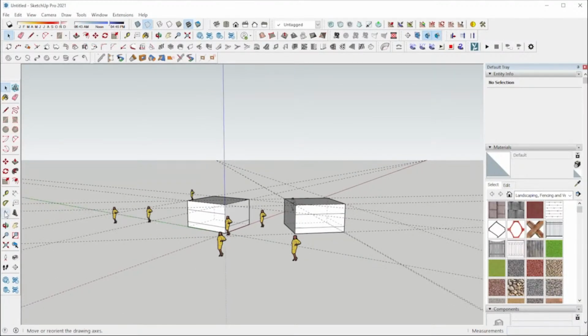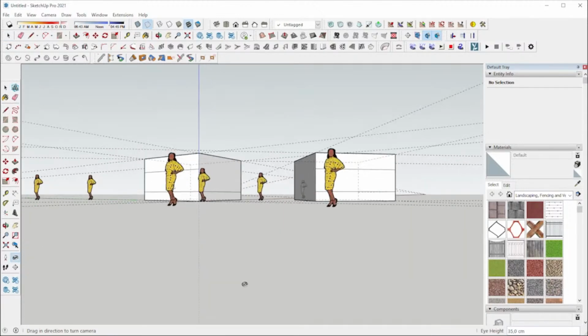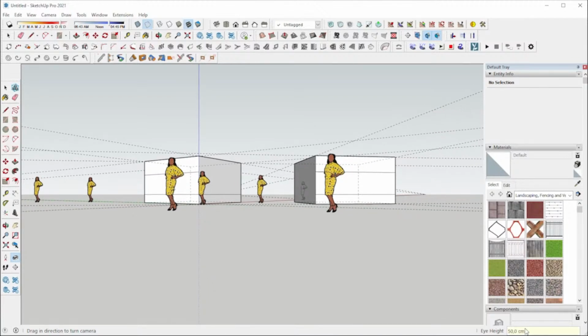Here I showed that if I put the figure here, looking through his eyes, and I change my eye level to 50 as we had in the perspective that we drew, you can see my eye level right now is on 50, and all the things with height equal to that 50 are on the horizon.